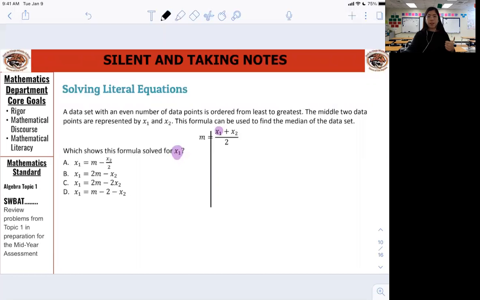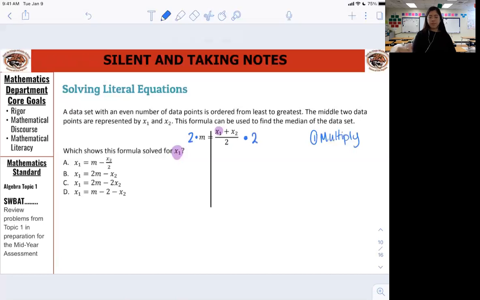Should I get rid of my fraction or my x2? Exactly. We're going to get rid of the fraction. And we know that in order to get rid of a fraction, we need to multiply by the denominator, by 2. So since I have a 2, I'm just going to multiply by 2 on both sides.